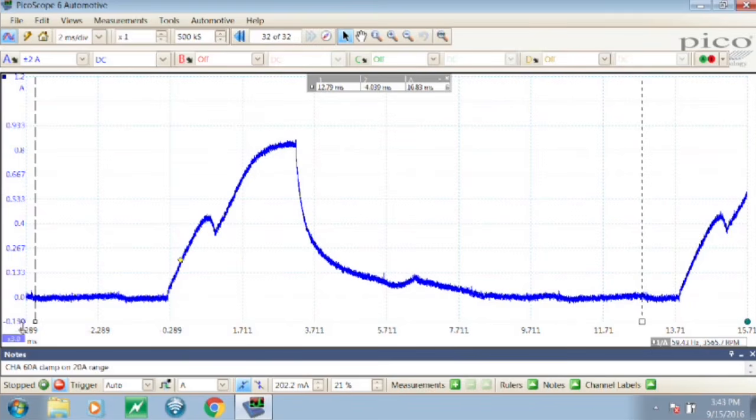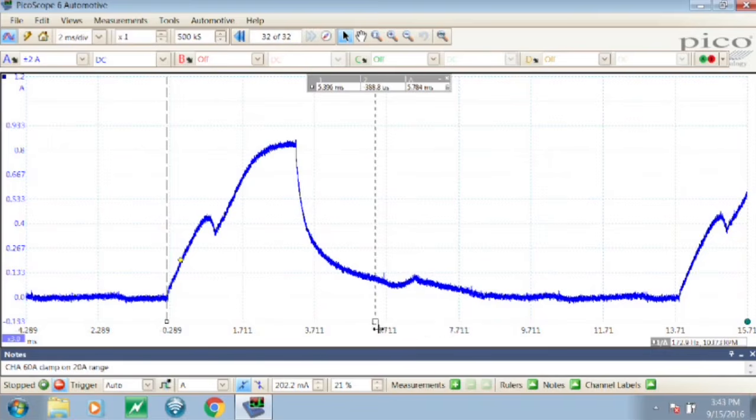The first thing I want to measure is the injector offset, which is the amount of time at a voltage level that it took for the injector to come open. And as I measure it here, you can see that the injector offset at this voltage level provided by the injector tester box was 957 microseconds.